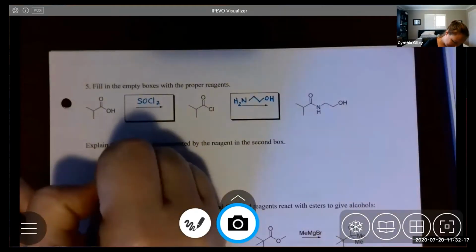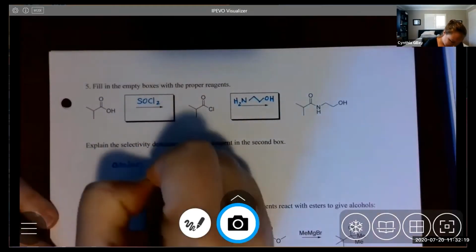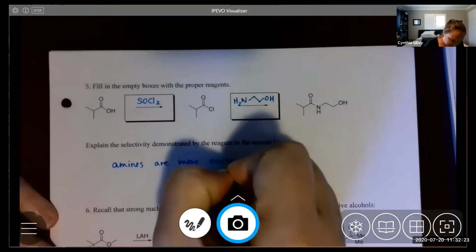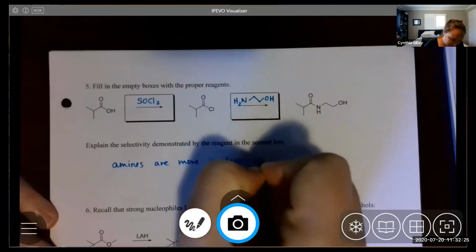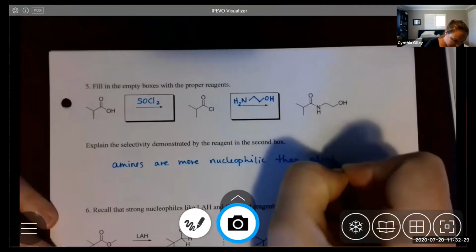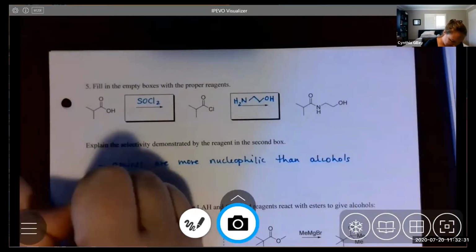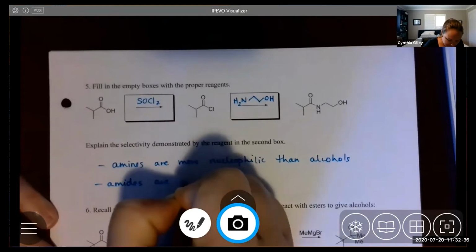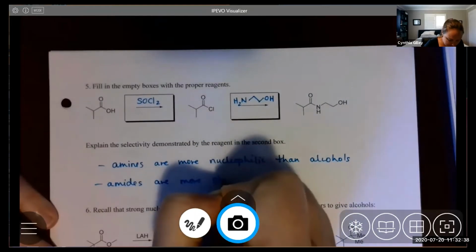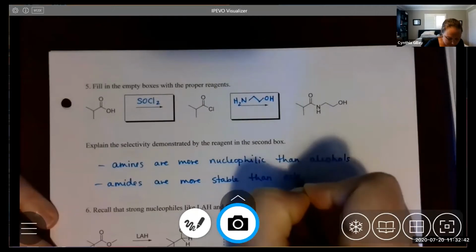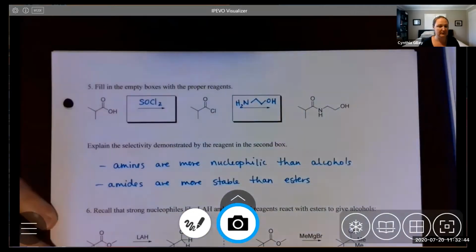So we'll just say amines are more nucleophilic than alcohols, and amides are more stable than esters.